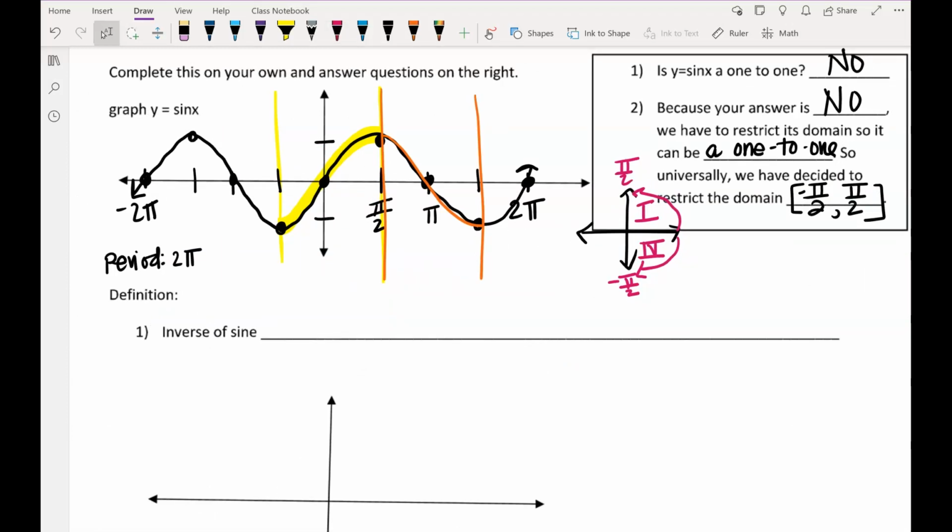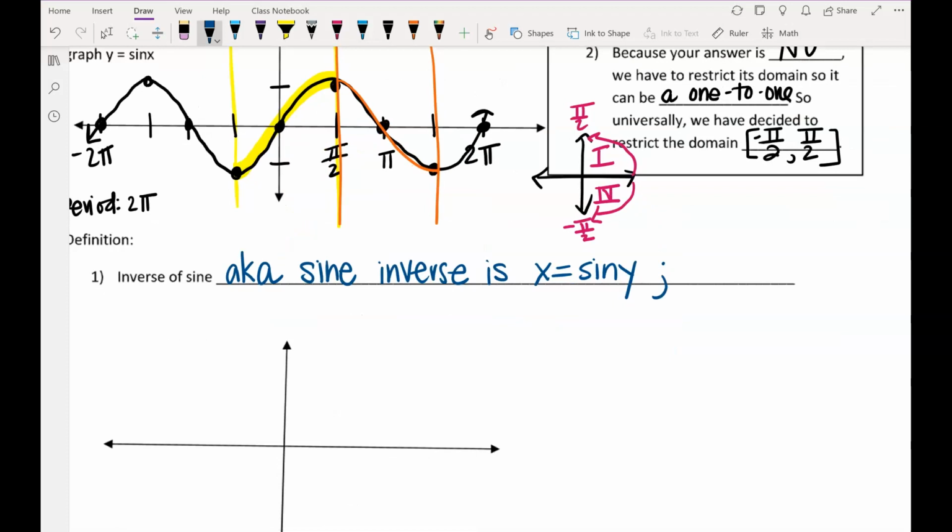Okay, so the formal definition of the inverse of sine, sometimes you'll hear me say sine inverse. Again, they give you y equals sine of x. What do we do to find the inverse? If the equation is y equals sine of x, we swap to x equals sine of y. Right now we don't like x equals, so we solve for y.